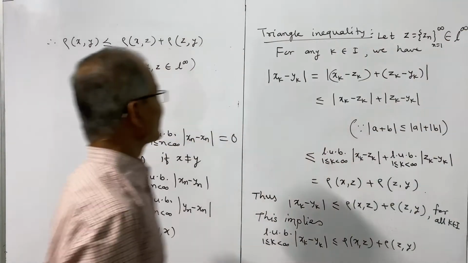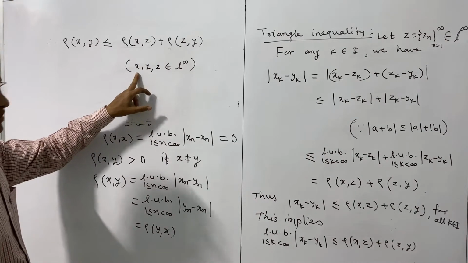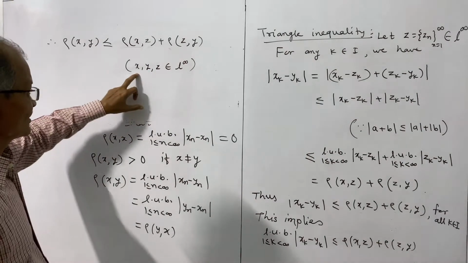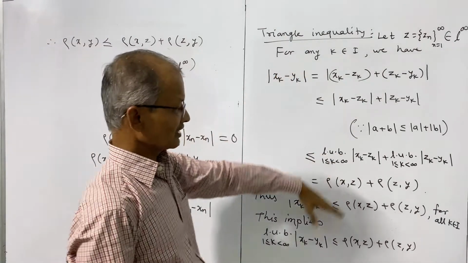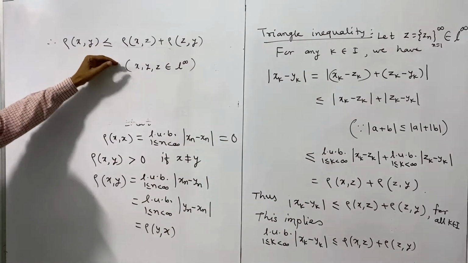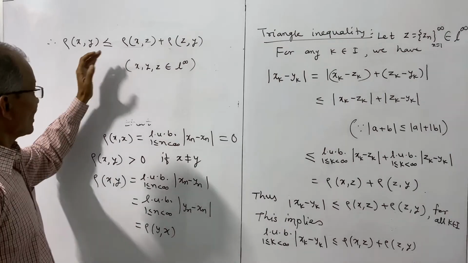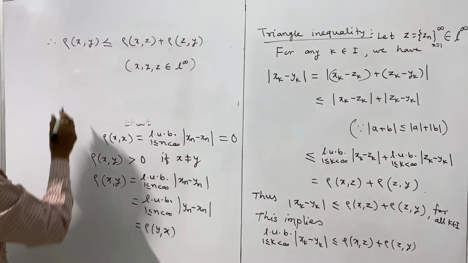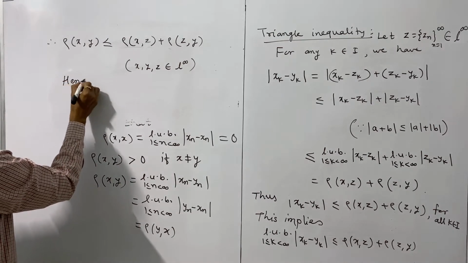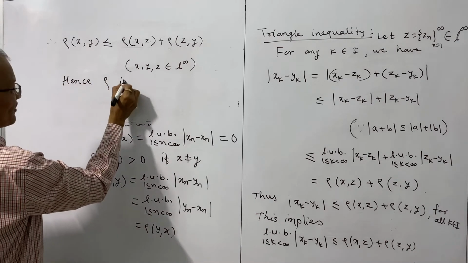This is to be noted: all the three elements are in L infinity. X is the xn sequence, y is the yn sequence, z is the zn sequence, and thus we have proved the triangle inequality, and therefore this proves that rho is a metric. Hence rho is a metric.